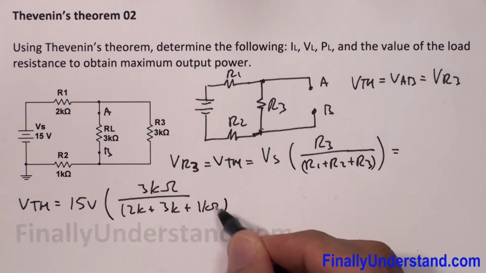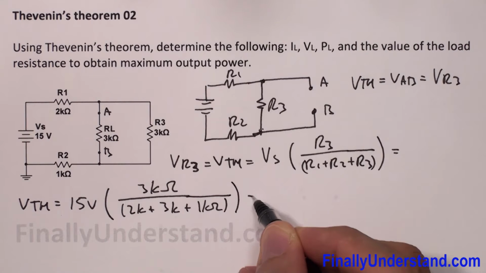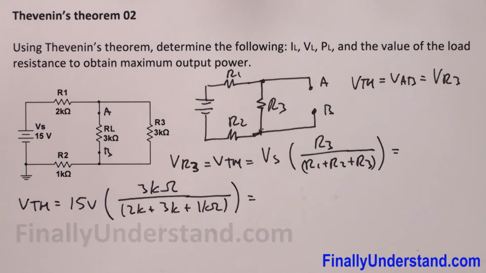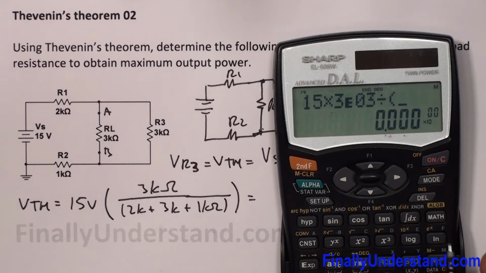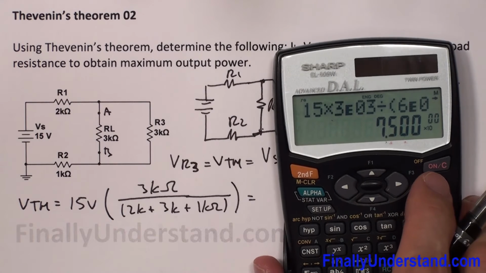Let me do everything step by step. So this is equal to 15 times 3 exponent 3 divided by open parenthesis, 2 kilo, 3 kilo and 1 kilo. This is 6 kilo. Close parenthesis, this is equal to 7.5 volts.